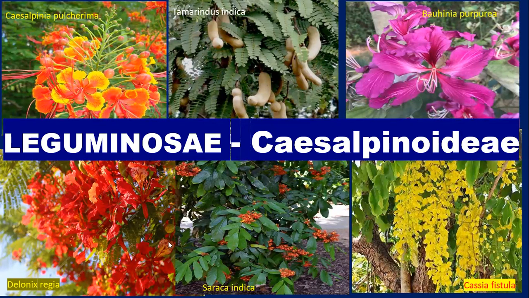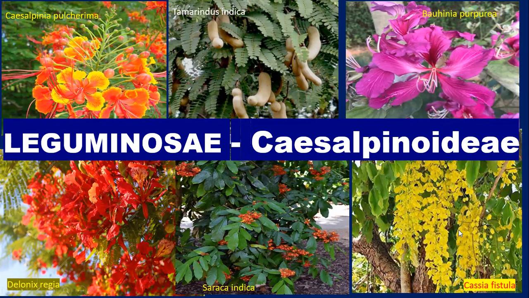Bauhinia purpurea, Delonix regia, Saraca indica, Cassia fistula. These are some common examples given under this family. Try to remember at least one or two plant species before going to the topic, so it is easy to recall when we are discussing the general characters.